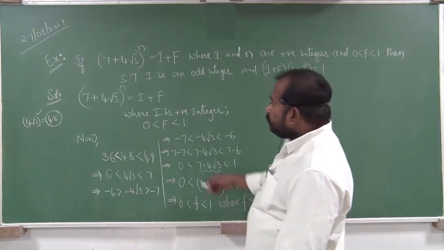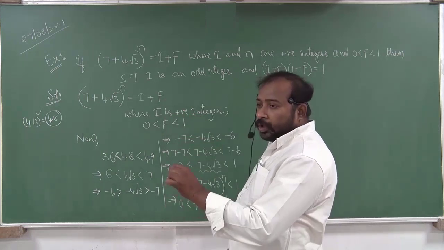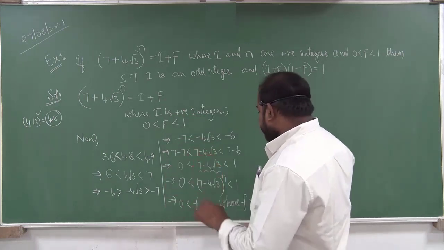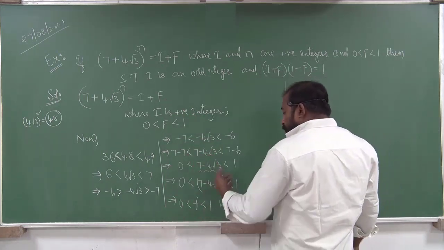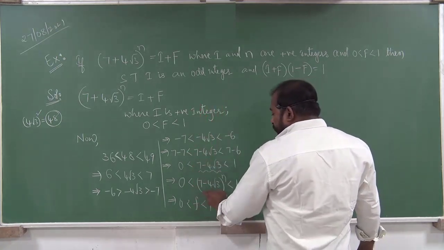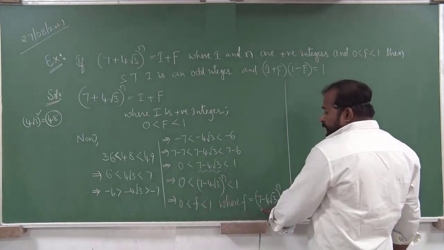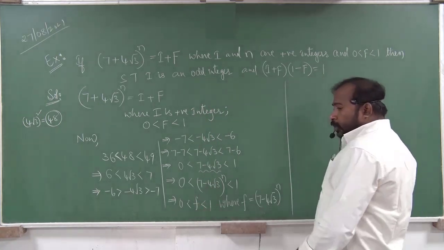So this is the first value they gave: 7 plus 4 root 3 whole power n is equal to I plus f, and capital F is what they already gave. Due to that reason I took this value as small f, and the small f value I am getting is 7 minus 4 root 3 whole power n.